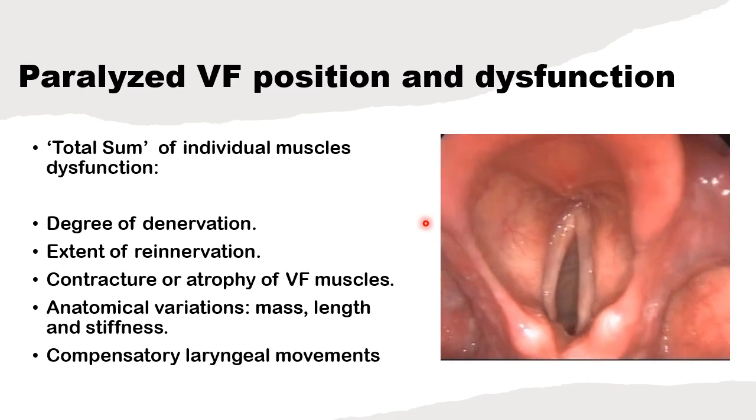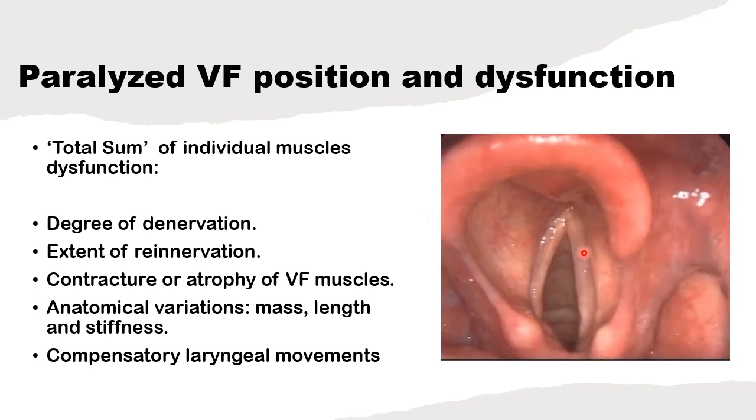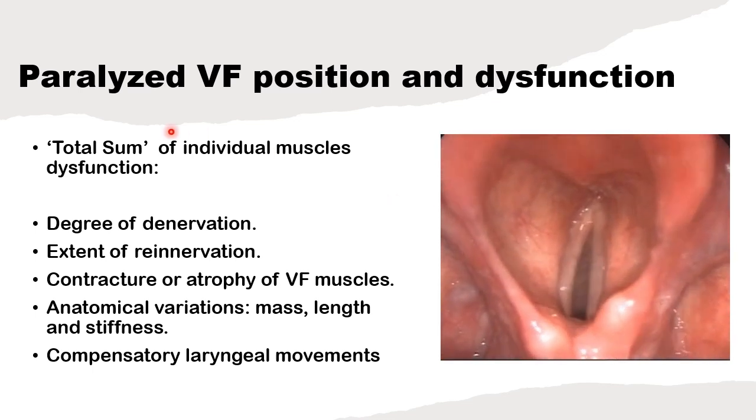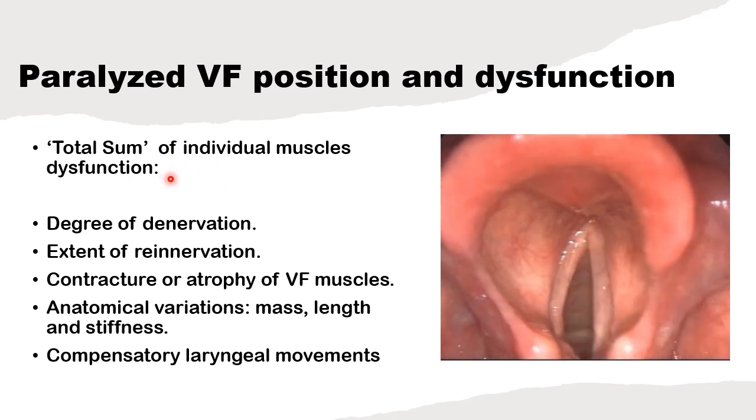The variability in the paralyzed vocal fold position and functions in vocal fold palsy is the total sum of the individual muscles' dysfunction variability.